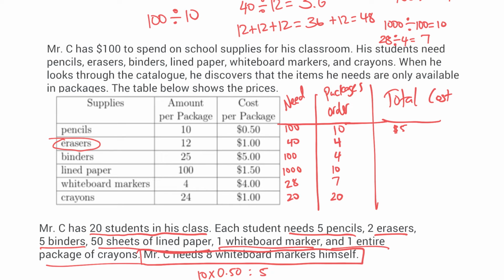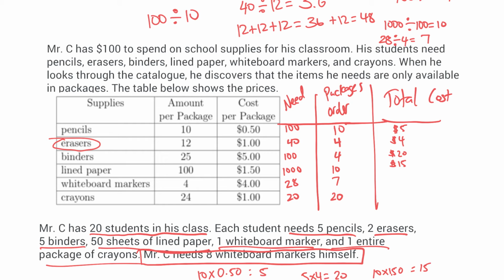They're $1 each, so it would be 4 times 1. Binders are $5 per package, and there's 4 packages, so 5 times 4 is 20. That would be $20. Lined paper, you need 10 packages. Multiply that by $1.50, and it gives you $15.